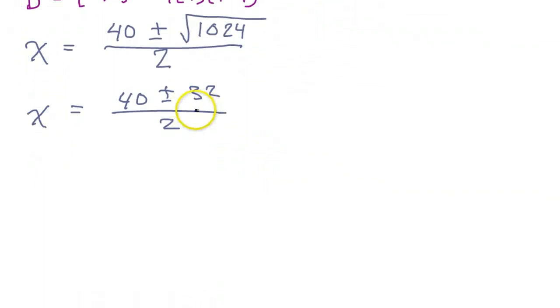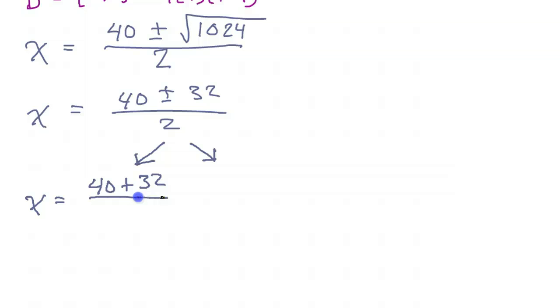Okay, so we can turn this into two regular answers by splitting this up. So we're going to get x equals 40 plus 32 over 2, and we're going to get 40 minus 32 over 2.